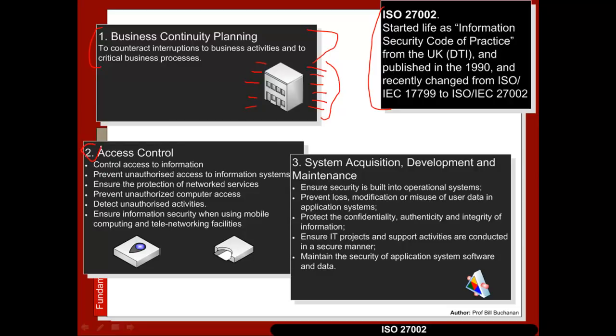We can have access control, which actually defines the nature of which access is allowed inside the organisation, such as detecting unauthorised activities and preventing them too. We can have system acquisition, development and maintenance, and that's to make sure that the equipment that's bought is actually secure, and there is generally a focus on preventing loss, modification or misuse of user data.